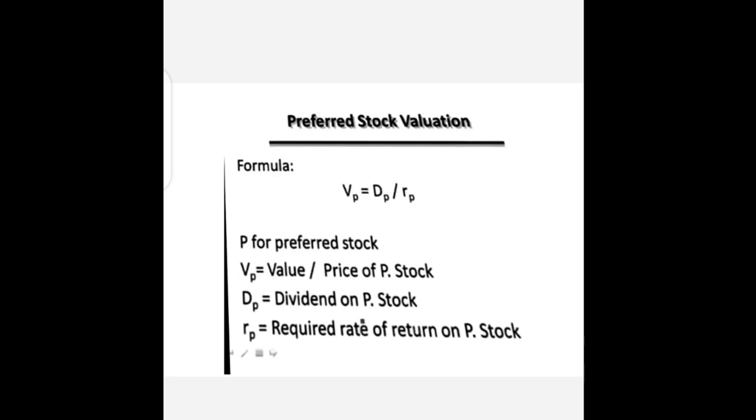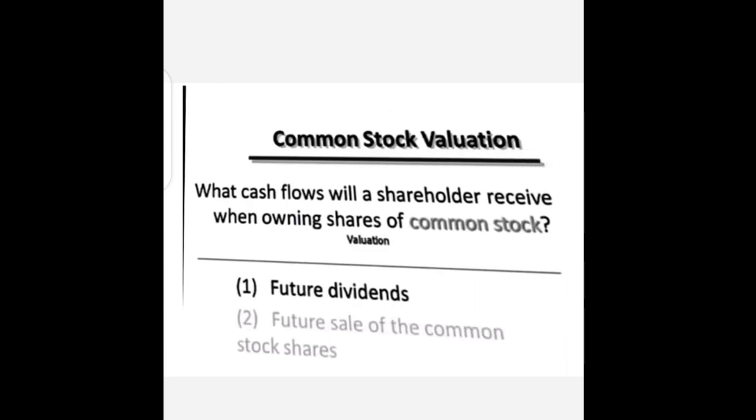Here we are understanding preferred stock valuation. VP represents the value of the preferred stock, DP represents the dividend paid on the preferred stock, and RP represents the required rate of return. So VP equals DP divided by RP. I hope you understood the formula for preferred stock valuation.